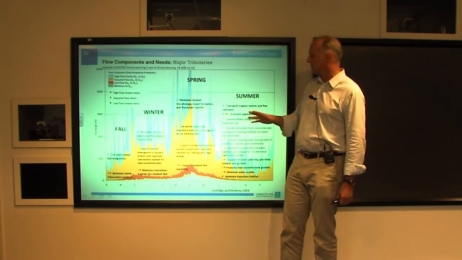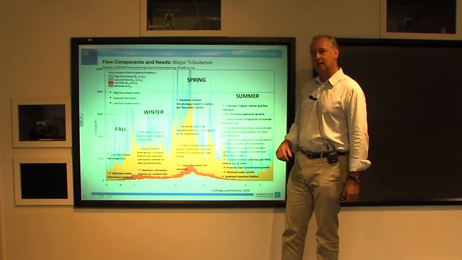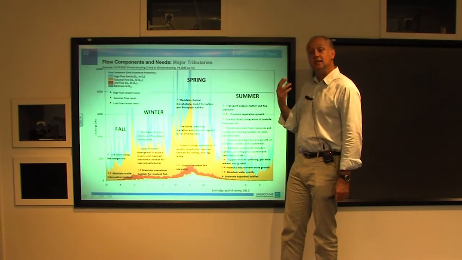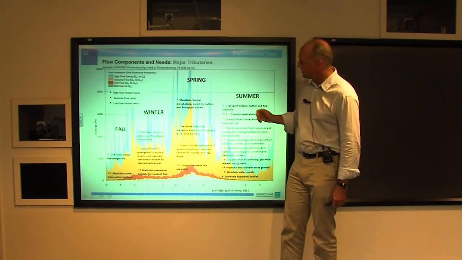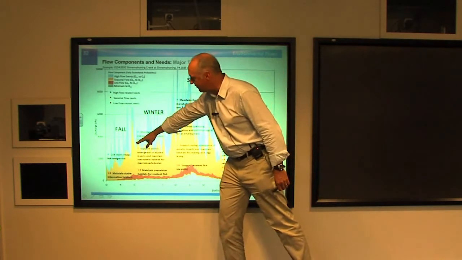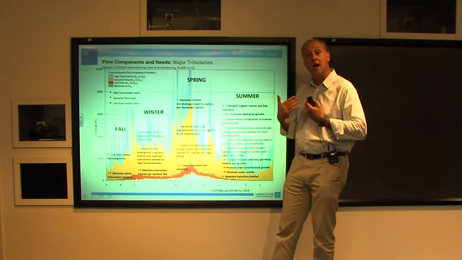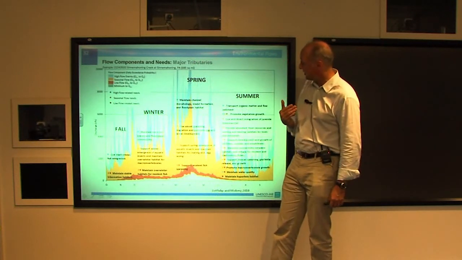And if we just focus, you can go through in more detail the many different ecological needs related to flow, but let's just look at the ones that are related to those highest flows. We can see that fall floods are a cue for diadromous, for migrating fish to begin their migration.